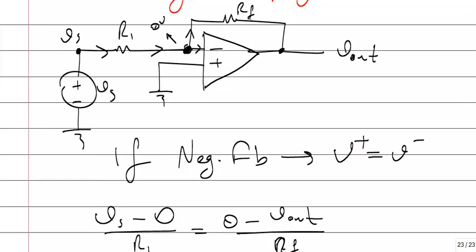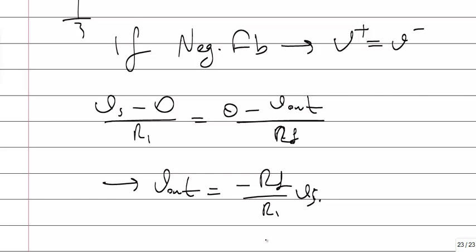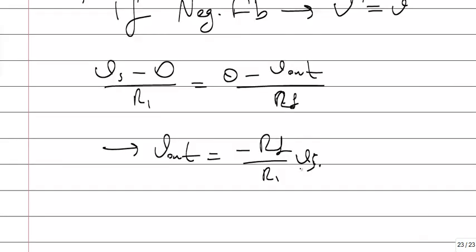Okay? So from here, V out is minus RF divided by R1 times V source. So changing the resistances, you can get the amplification. But the value is always inverted.